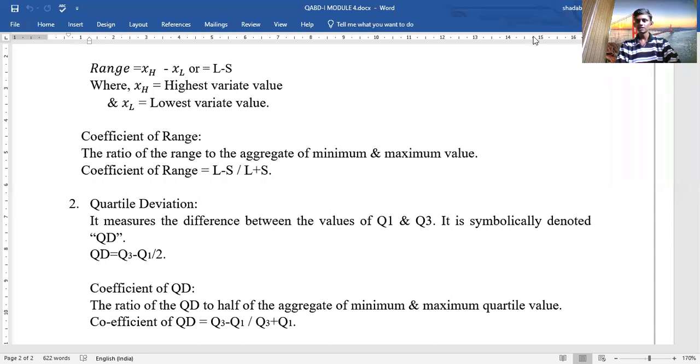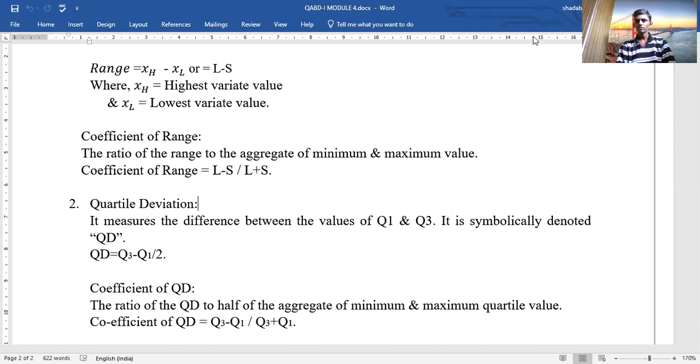Now, what is this quartile deviation? We have two words here, quartile and deviation. Deviation means changes or differences. Which changes and which differences?